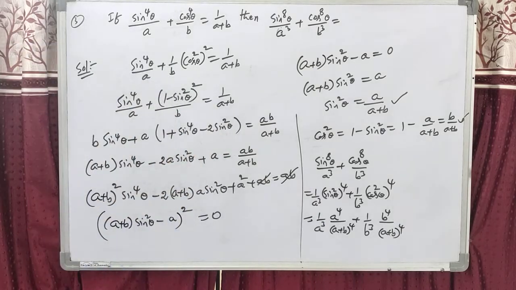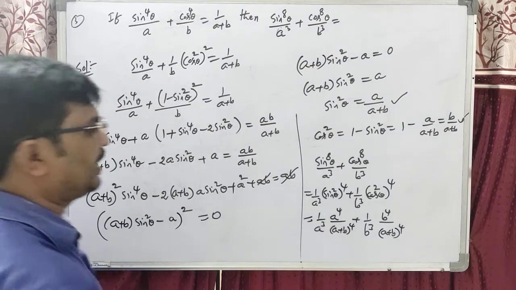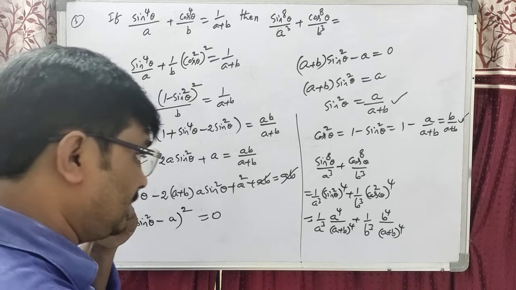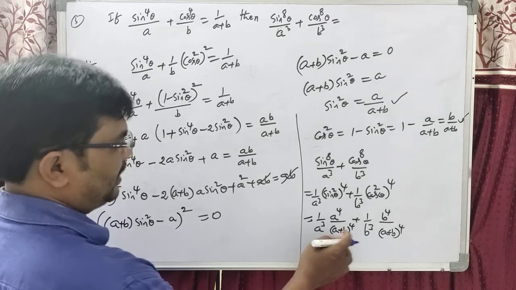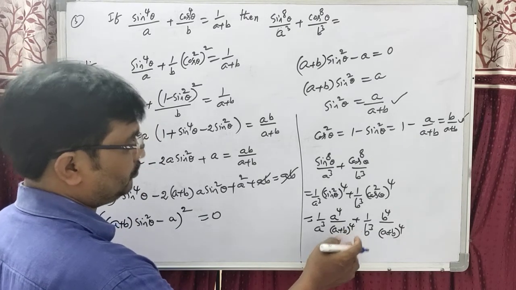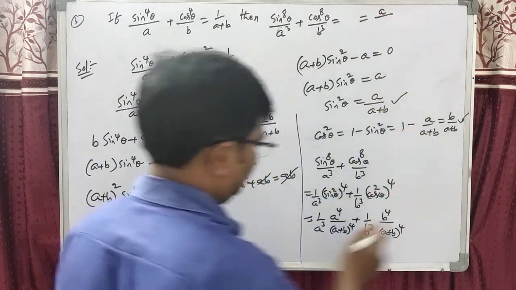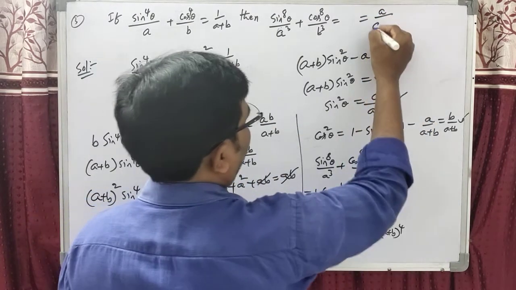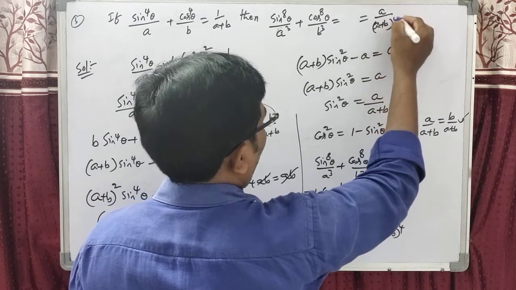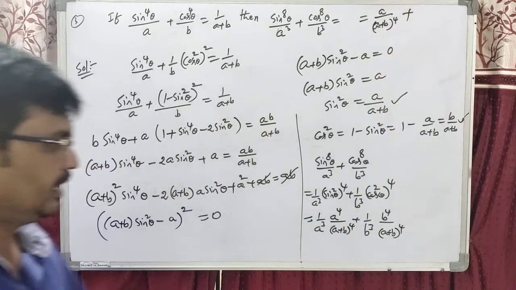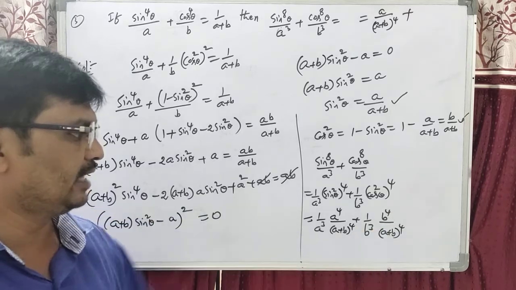Here 3 times a cancel. Now we got, students, a by (a plus b) whole power 4. Okay students, now the 3 times b cancel.